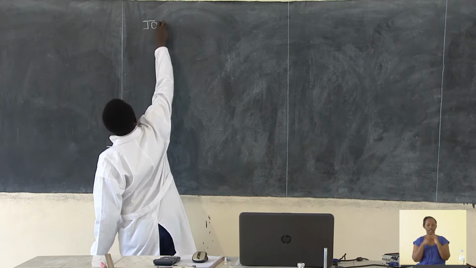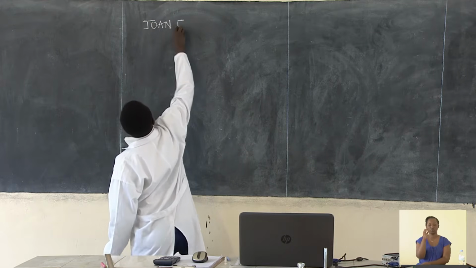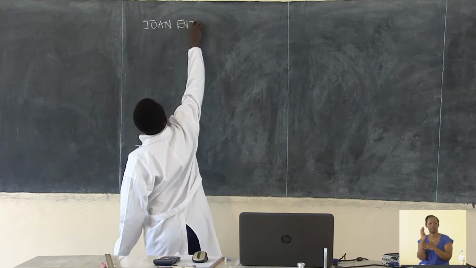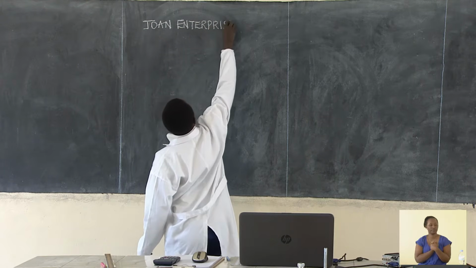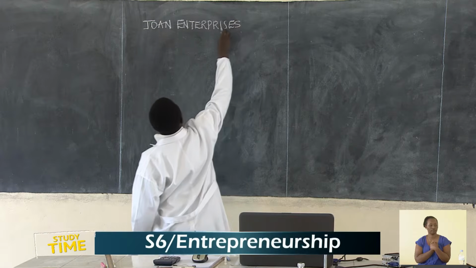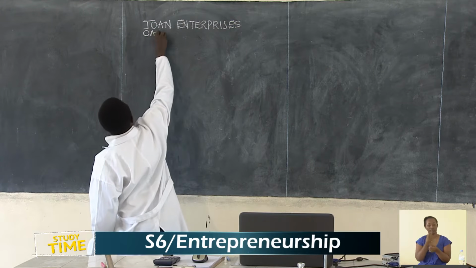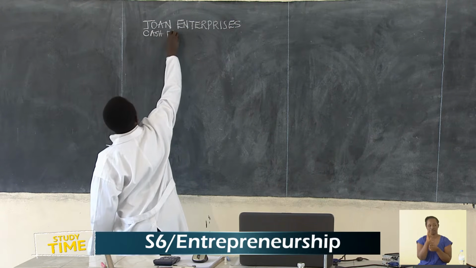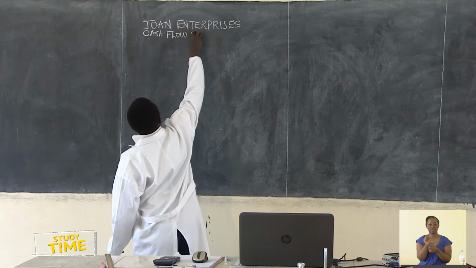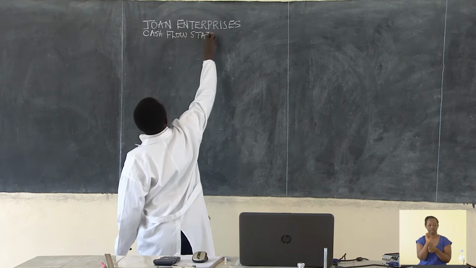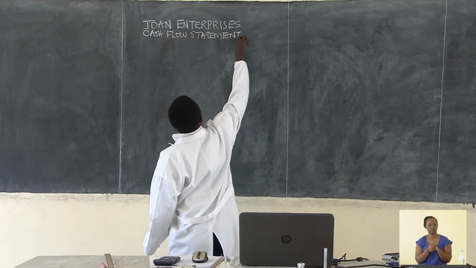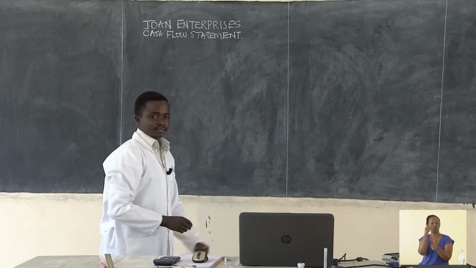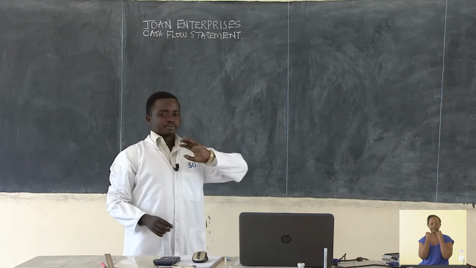John Enterprises. Cash flow statement. For which month? They are telling us we should prepare for 3 months.